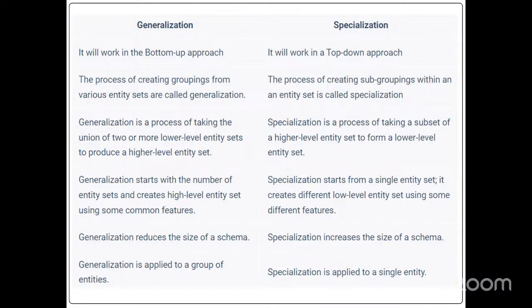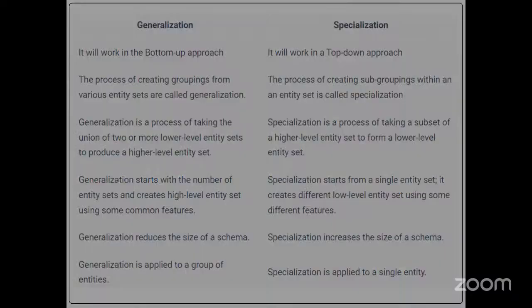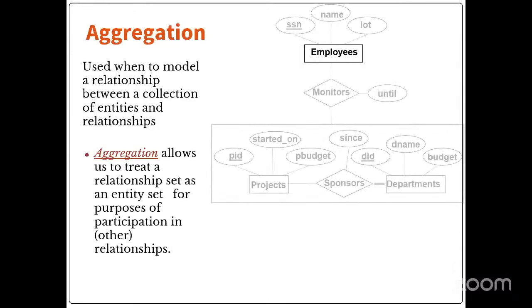Here, we take a subset of a higher-level entity to form a lower-level entity set. With generalization, it reduces the size of the schema. With specialization, it increases the size of the schema. Next. Aggregation.